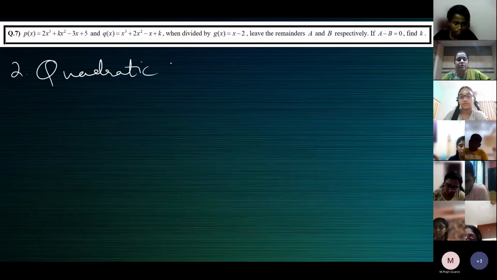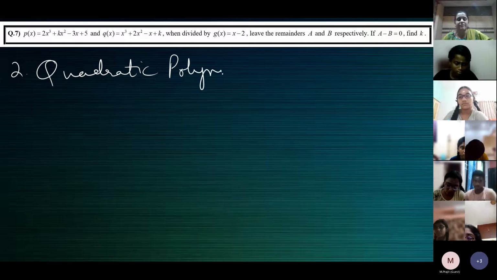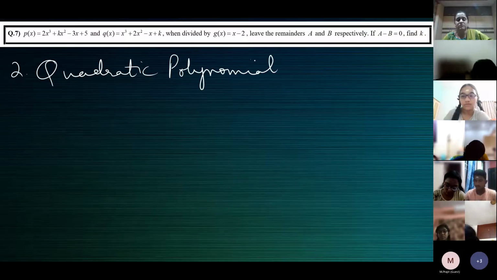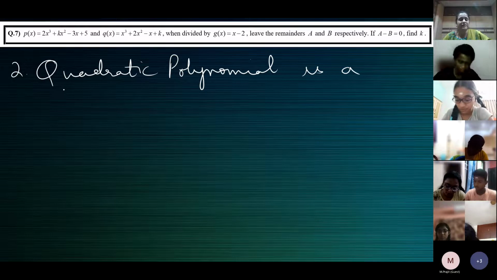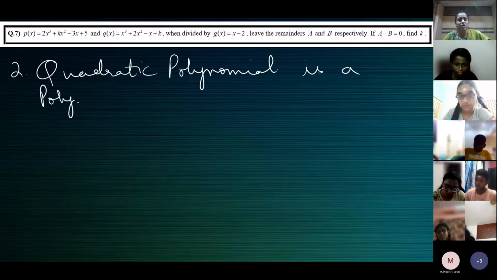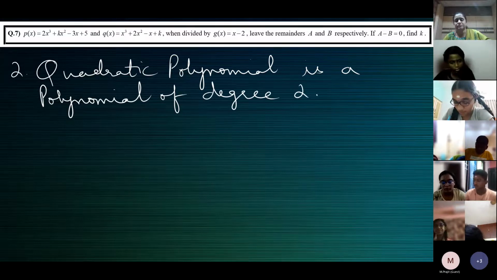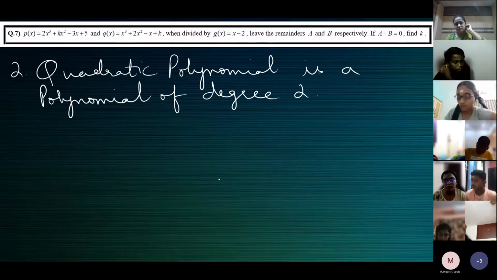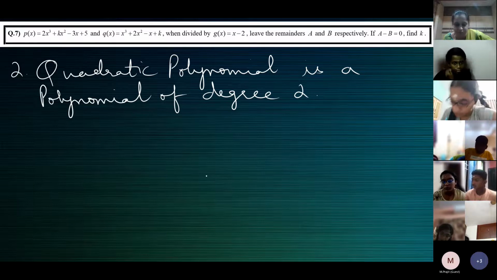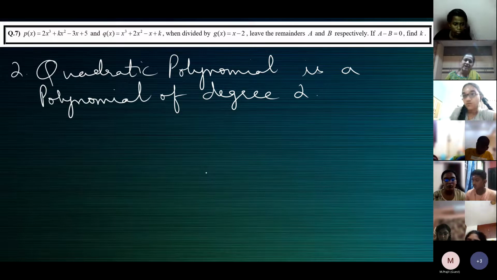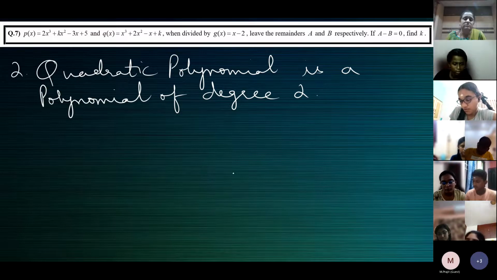Quadratic polynomial is a polynomial of degree 2. So it can have any number of terms.